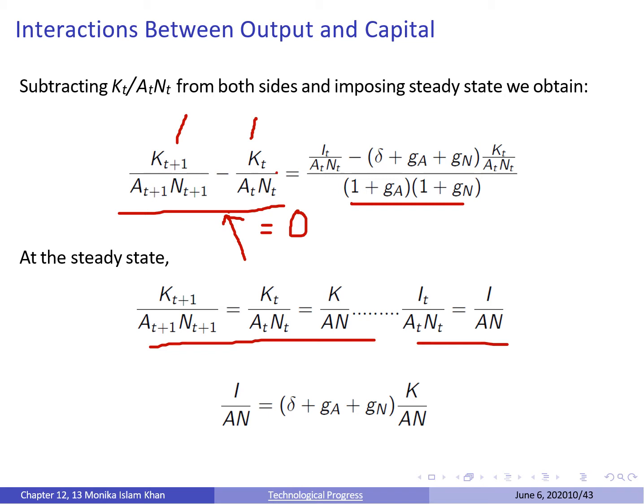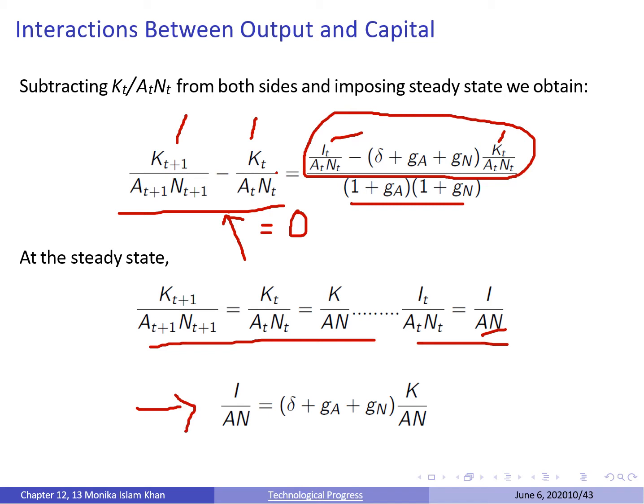And so what you'll be left with is this top portion once steady state is imposed, and then at the steady state this term equals I over An, and this term is K over An, and so your steady state condition eventually looks like this.